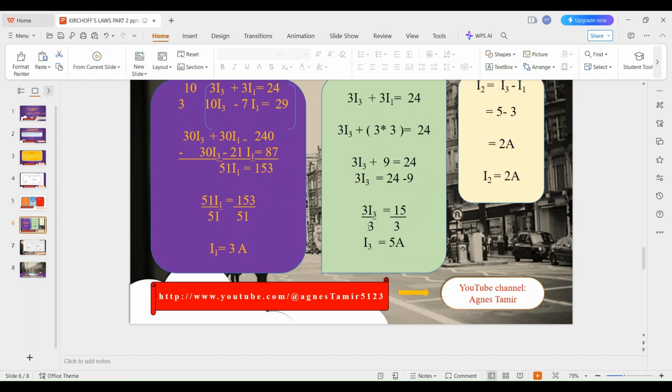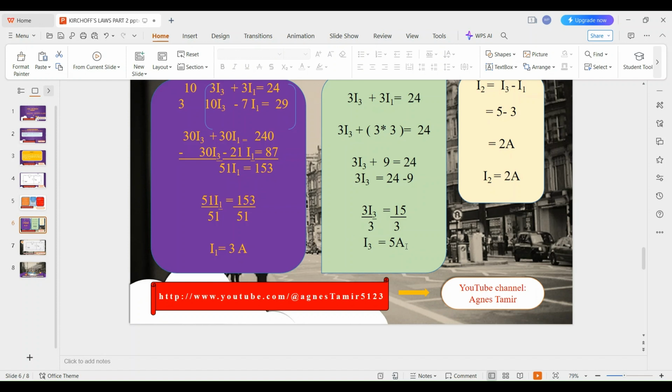Let's look for I3. Divide by 3 both sides. So 3 by 3 will cancel, is equal to 15 over 3. 15 divided by 3 is 5. Therefore, I3 will be equal to 5 amperes.